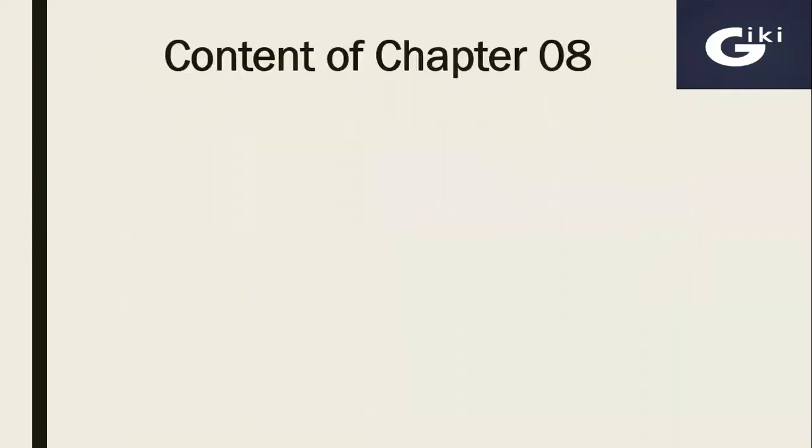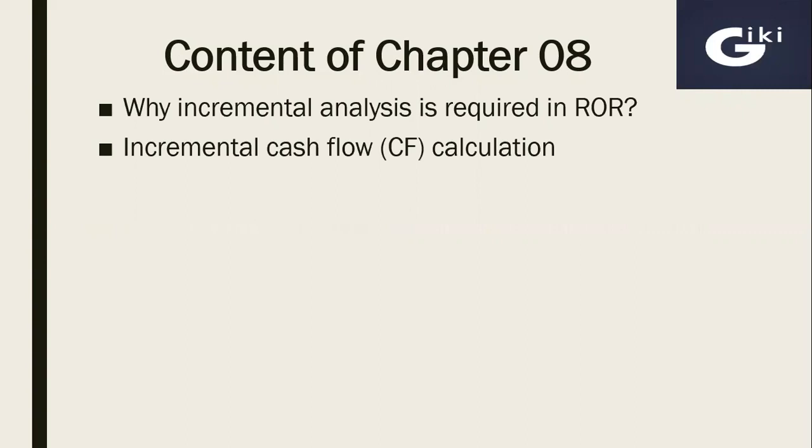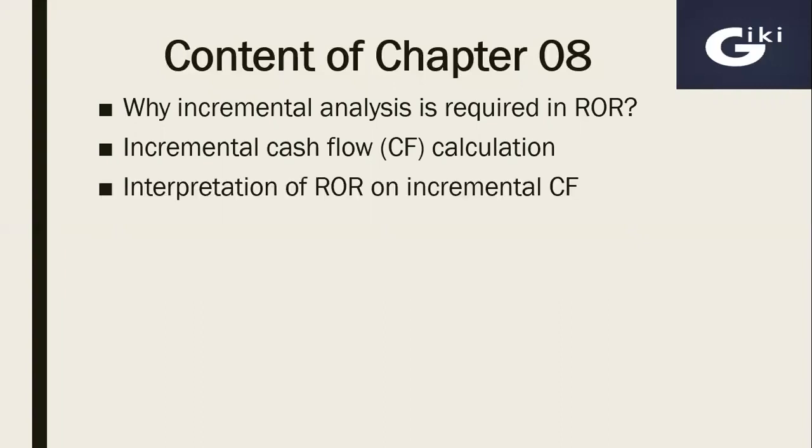Let's go through the contents of chapter 8. First of all, we'll understand why incremental analysis is required in rate of return analysis. Then incremental cash flow calculations, how we can calculate incremental cash flows. Then interpretation of rate of return on incremental cash flows.